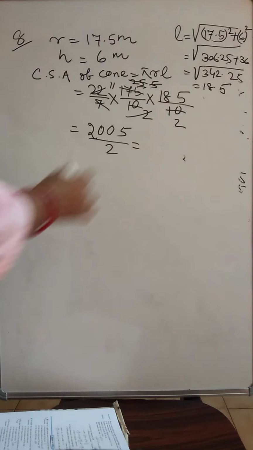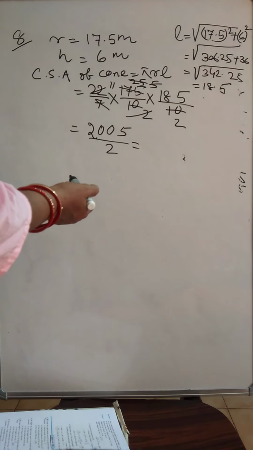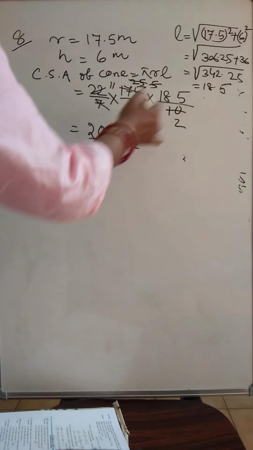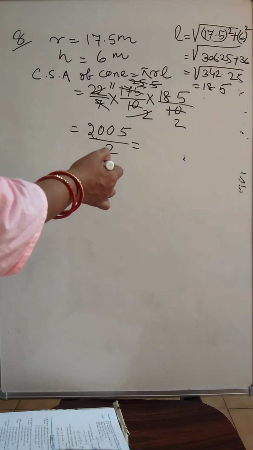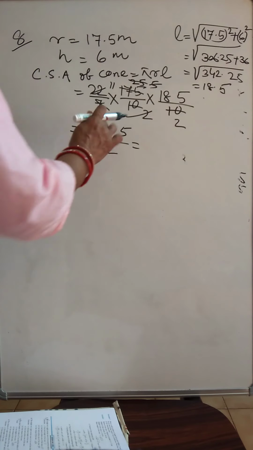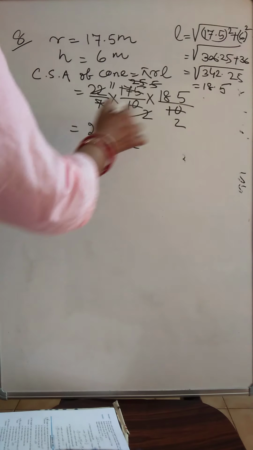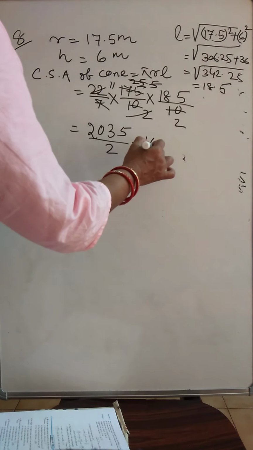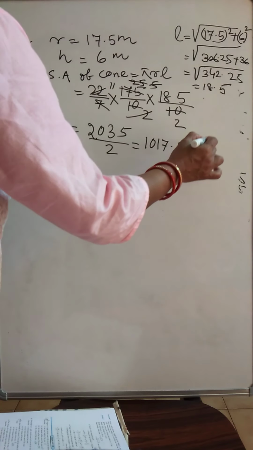Check it. 11 5s are 55, 11 8s are 88. This is 1017.5 centimeter square.